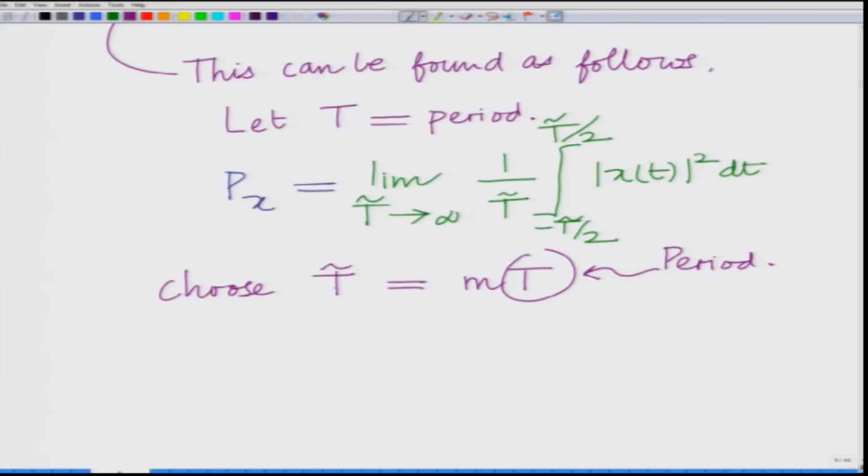So, if m tends to infinity, this implies mT tends to infinity, which implies t tilde tends to infinity.